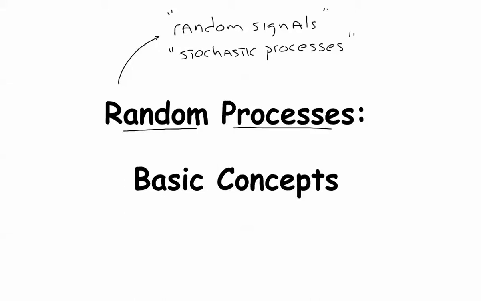I prefer the term random process or random processes. Okay. So what's a random process? A random process essentially, for us, is going to be a random variable that is a function of time.